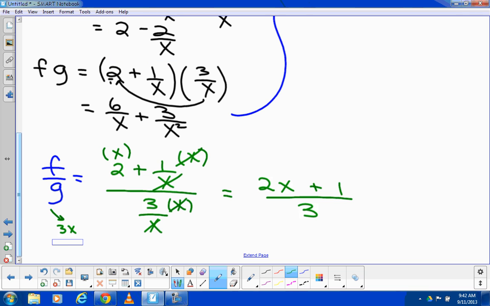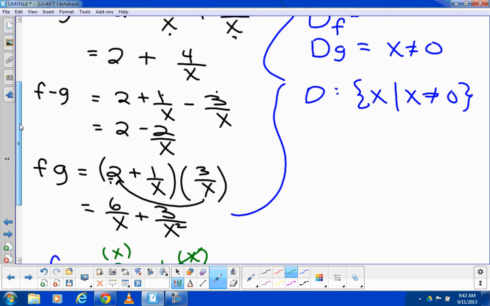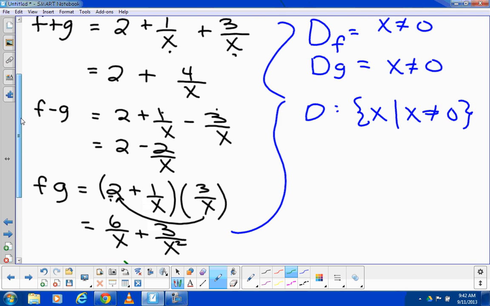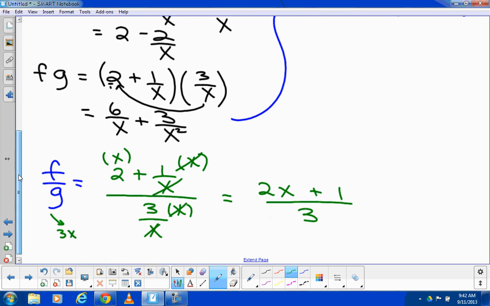What's going to make that equal 0 right there? 0. So we really didn't find anything new, did we? Coincidentally, the domain of F divided by G is the same thing there: all X such that X cannot equal 0. So it ends up being the same thing for all of them.